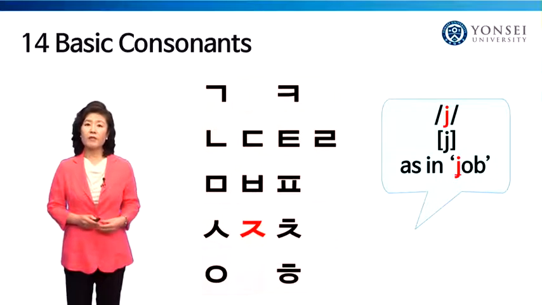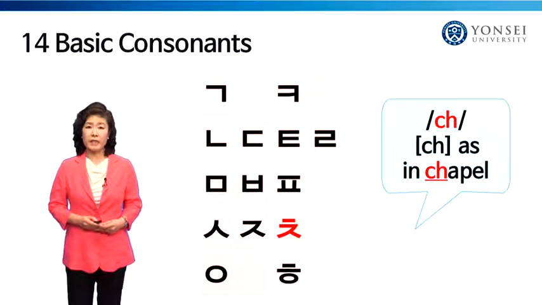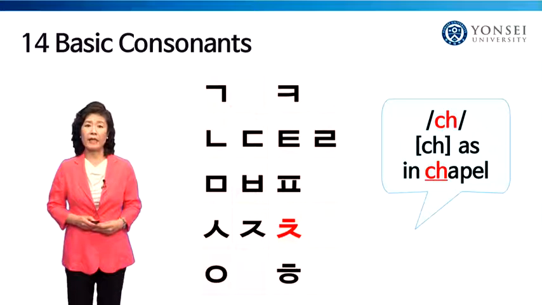Jiut sound starts from the same place, and it resembles the J sound in the word job. Chiut is an aspirated sound with the burst of air, and it has the CH sound like in the English word chapel.